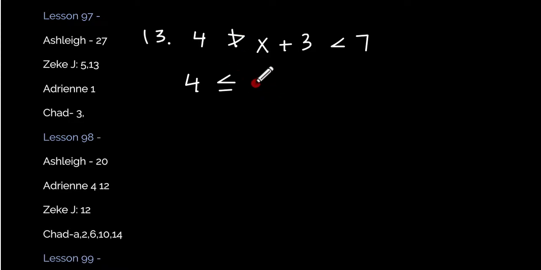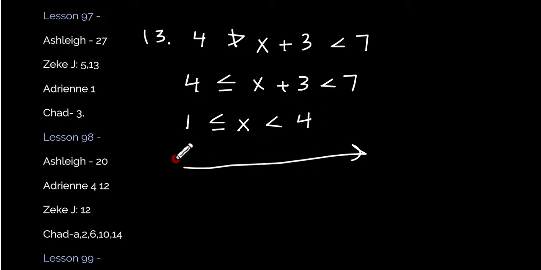Do the total opposite. X plus 3 is less than 7. Subtract 3 from all of those, so you get 1 is less than or equal to x is less than 4. It's integers, so we're going to have a dot on 1, a dot on 2, a dot on 3, but not a dot on 4 because it's less than, not less than or equal to.